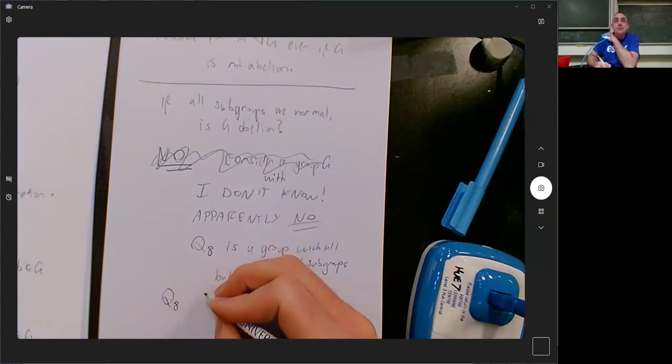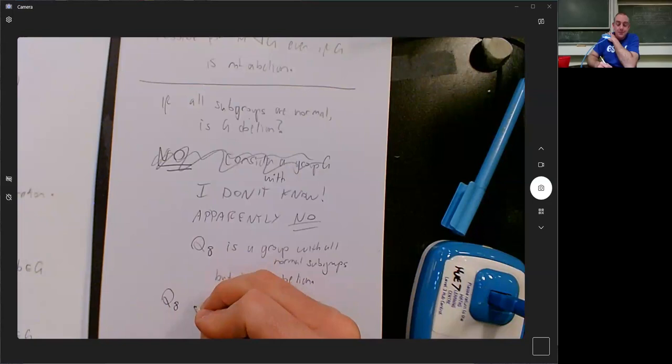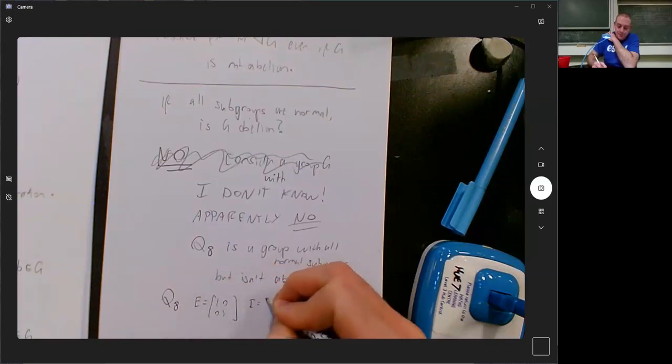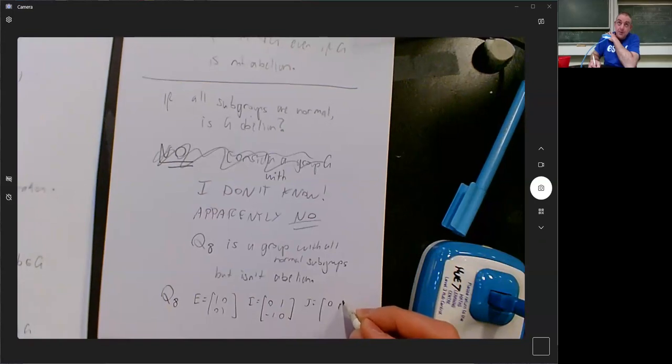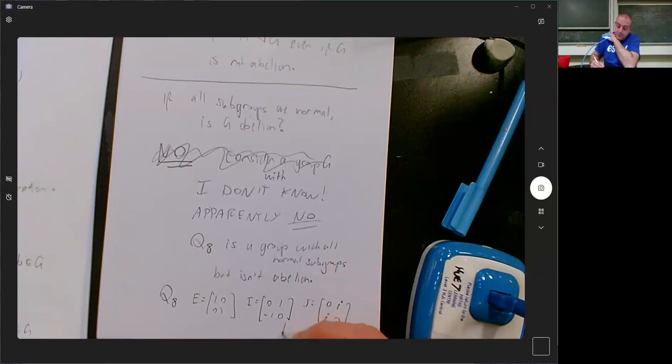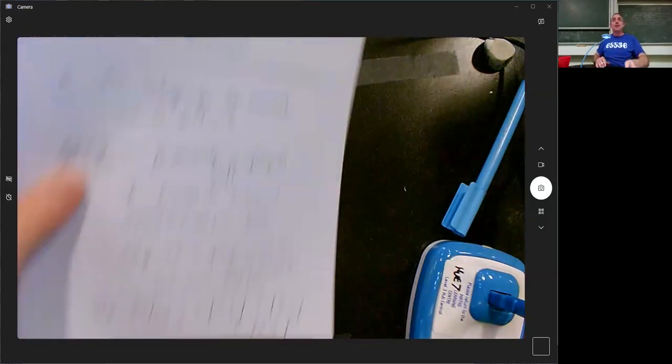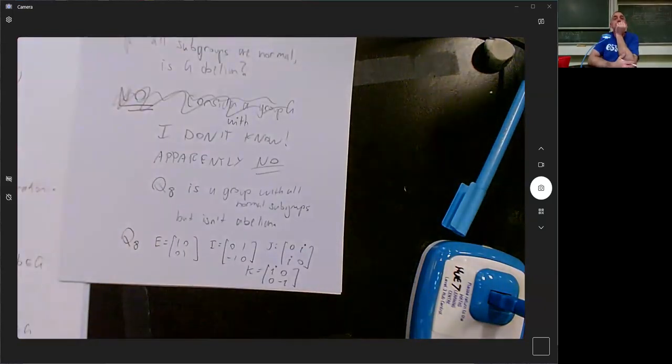So he has E equals the identity matrix, I equals going from 0, 1, negative 1, 0, yeah, like that, and J is equal to 0, i, i, 0, with complex numbers. And K is equal to i, 0, 0, negative i. And Q8 is equal to plus or minus all those.